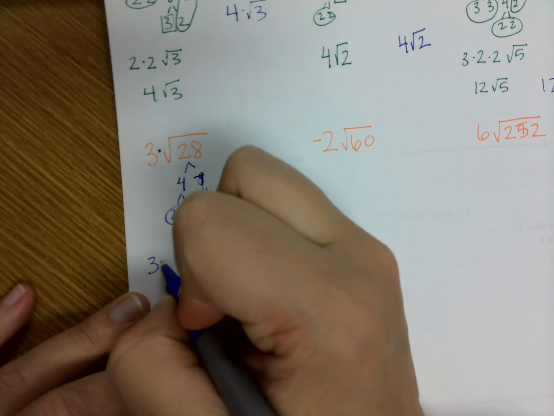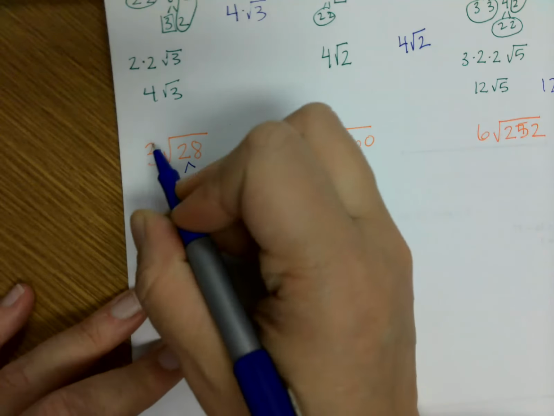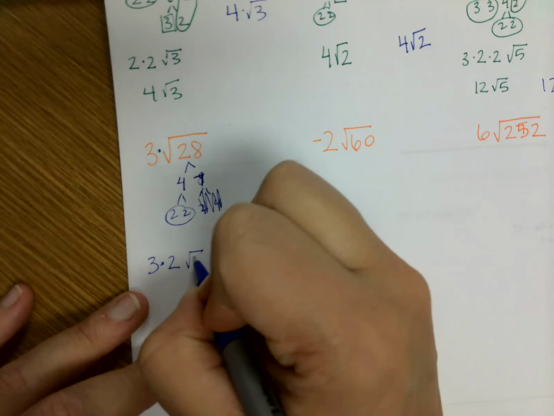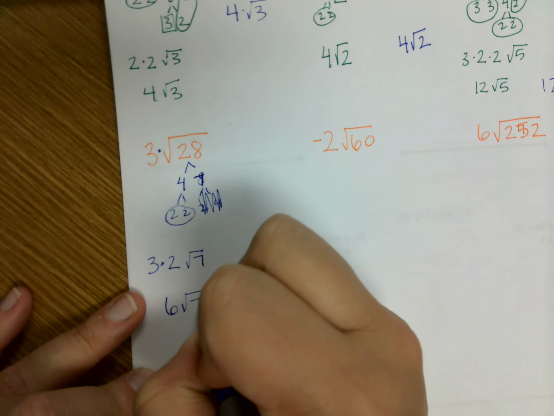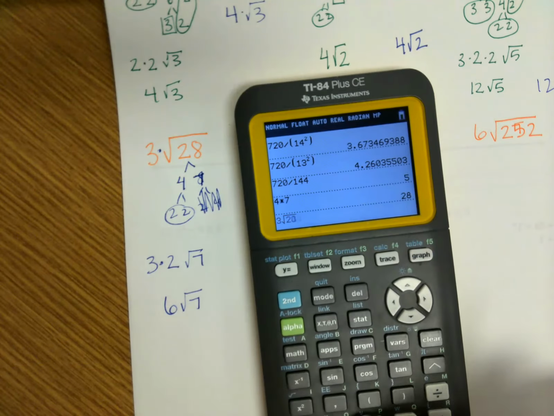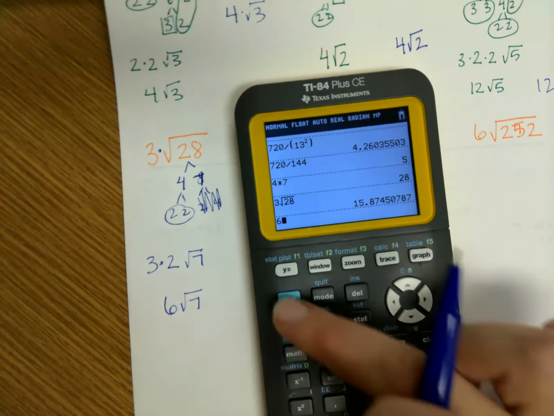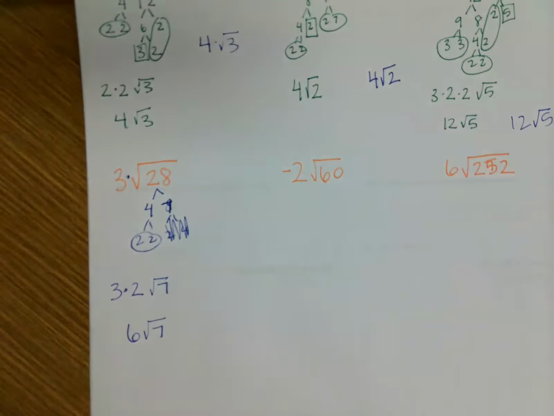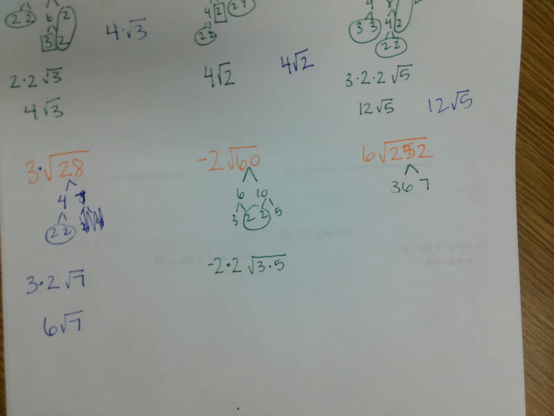So this becomes 3 times 2, because that 2 moves out of the root. I'm still left with the square root of 7. So this final answer is 6 square root 7. Again, you can always check your work. So with these problems, you will know if you simplified them correctly or if you didn't. They check out. I want you to pause the video and try the next two by yourself.